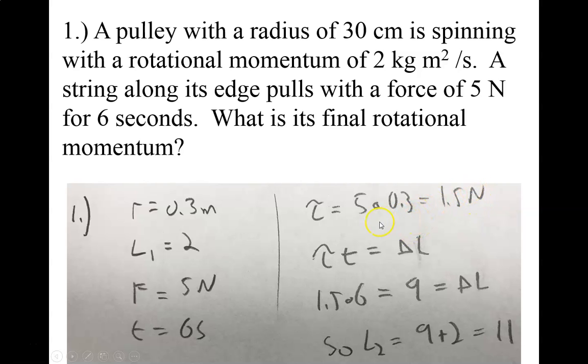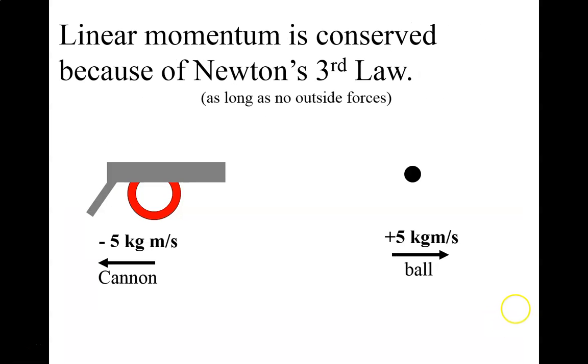Plugging that into delta L equals torque times time, we just found torque, which is 1.5, times our time of 6 seconds, gives us 9. We started off with an initial rotational momentum of 2, our momentum is going to change by 9, so our final momentum is 11. So just a basic problem.